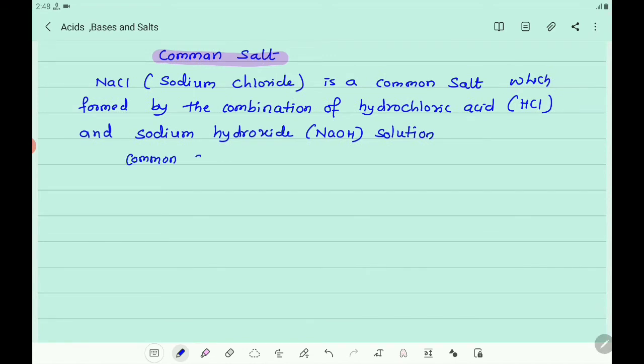Common salt is also called cooking salt as it is used in food.